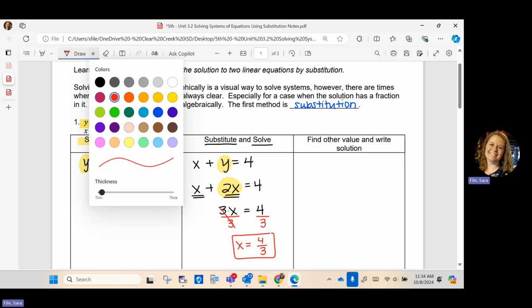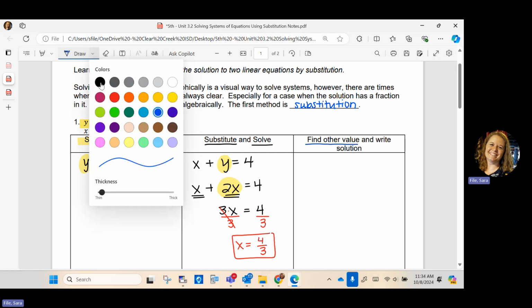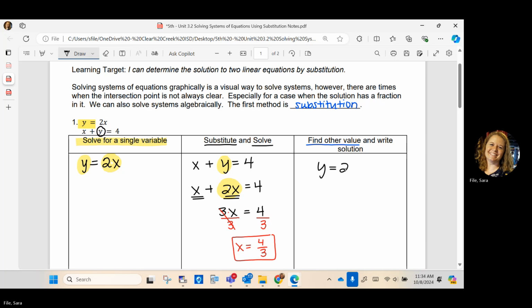But now we need to go and find the other variable, the other value. Now that I know what x is, I want to know what y is. So I'm going to go back to that equation I started with because I want to know what y is. So I'm substituting 4/3 in for x.